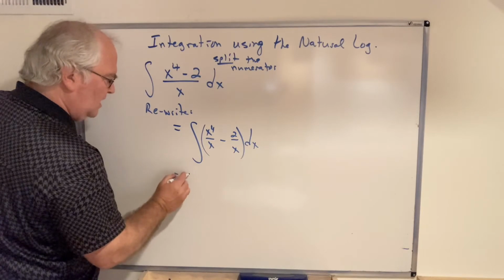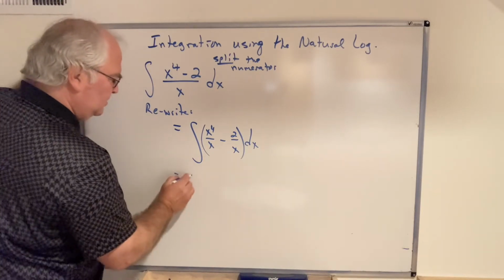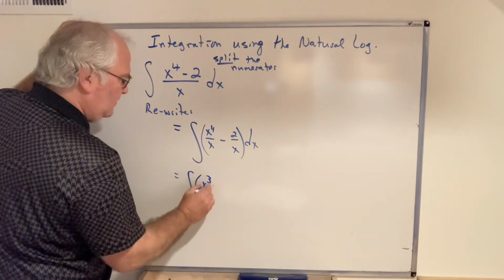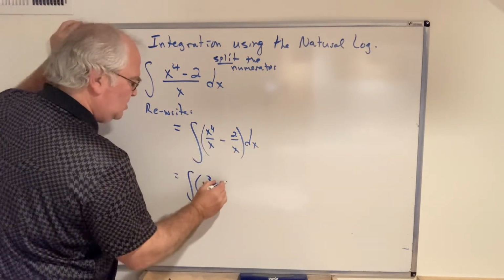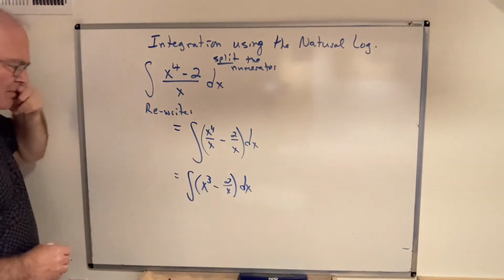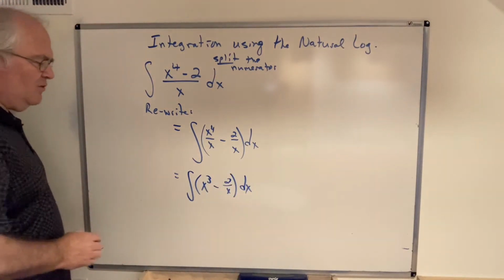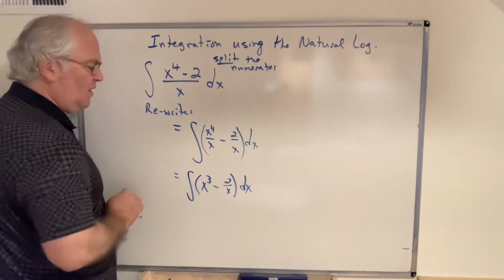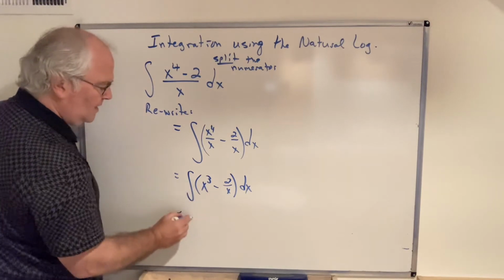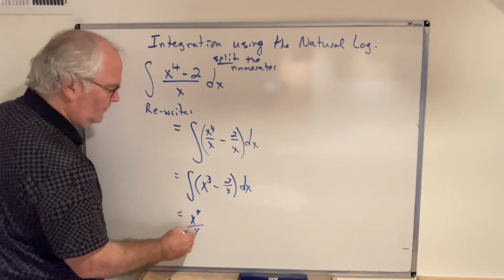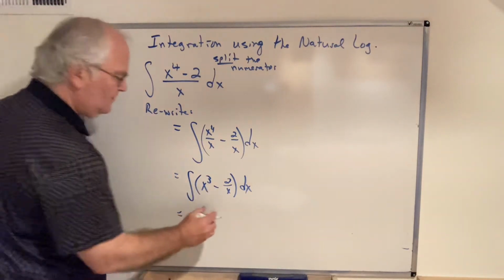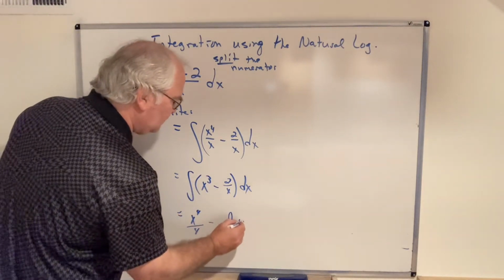In this case, I'll just write this as x to the 4th over x is x to the 3rd, minus 2 over x. And if you prefer, you could write this as 2 times 1 over x. So the antiderivative of x to the 3rd is x to the 4th over 4, and then the antiderivative of 1 over x is natural log absolute x.